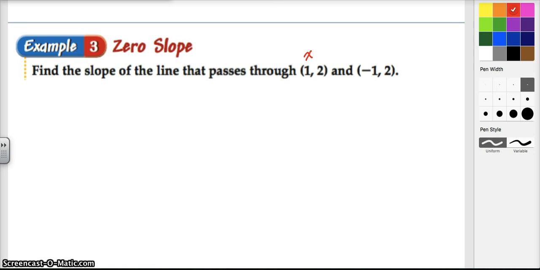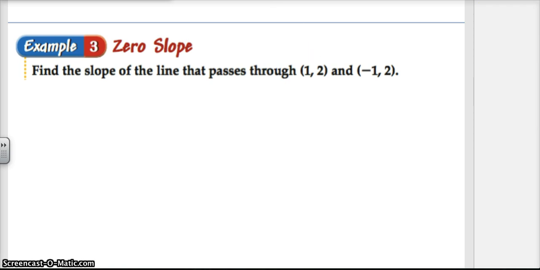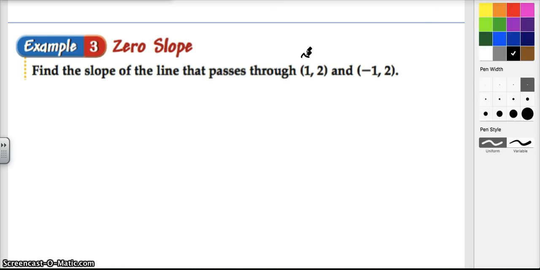Sometimes we can have a slope that is 0. We'll start off like we did last time, using the same formula that we've done before, right? x sub 1, y sub 1, x sub 2, y sub 2. When I do that, I know that slope is equal to the change in y over the change in x.